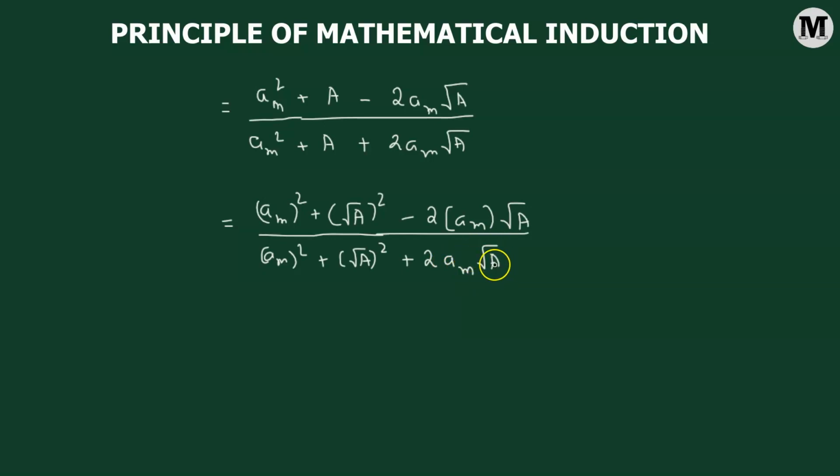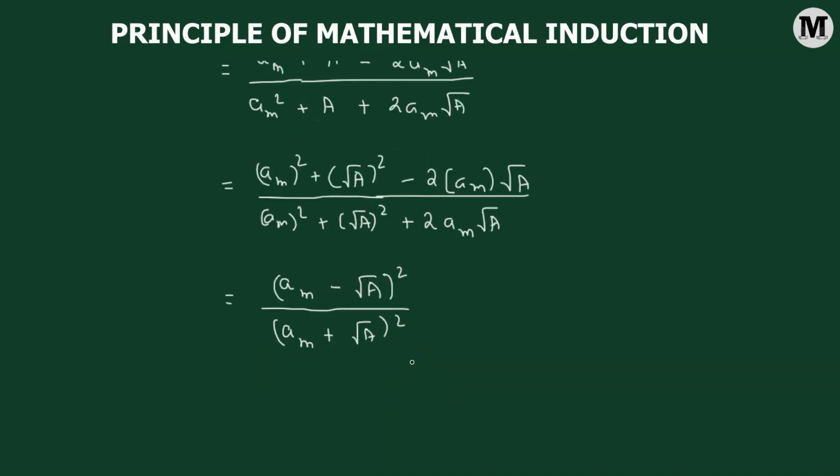The reason why we are rewriting the terms in both the numerator and the denominator is because the numerator can be expressed as a m minus square root of a whole squared. This means exactly the same thing. The expanded form is the numerator in the previous step, and the denominator can be simplified to get a m added to square root of a whole squared.